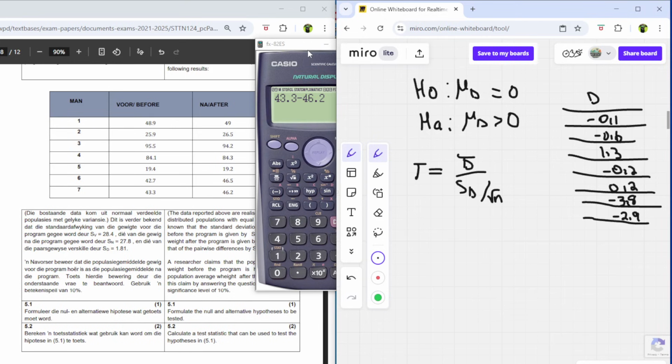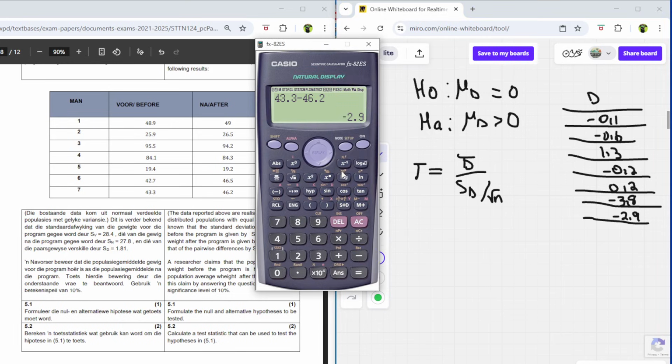And then we have to find the average of this. Let me use the calculator simply. Minus 0.1, minus 0.6, 1.3, minus 0.2, 0.2, minus 3.8, minus 2.9.